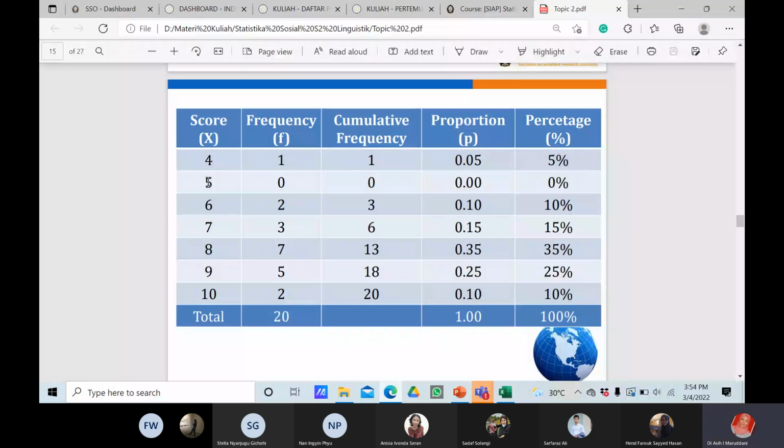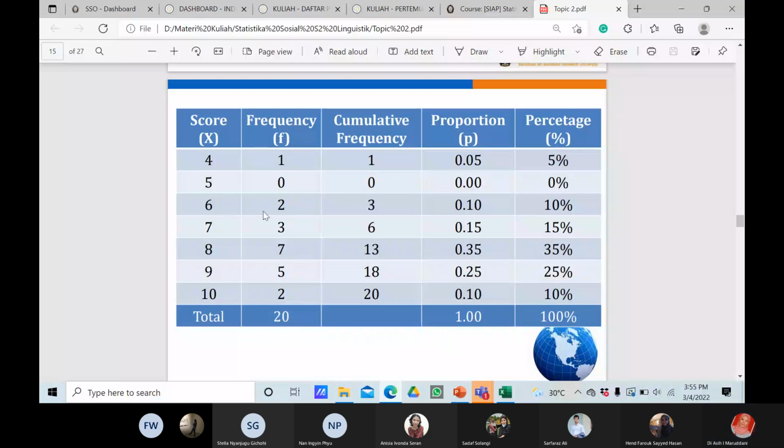In the second row, the proportion of score 5 is the frequency 0 divided by N. 0 divided by 20 equals 0. And the percentage is 0 times 100, which is 0%.